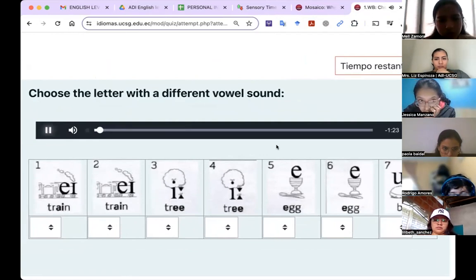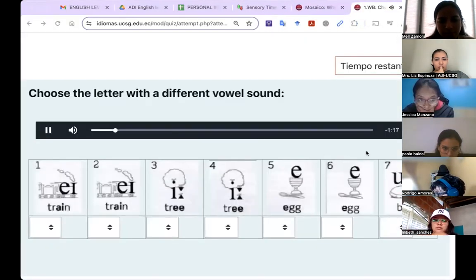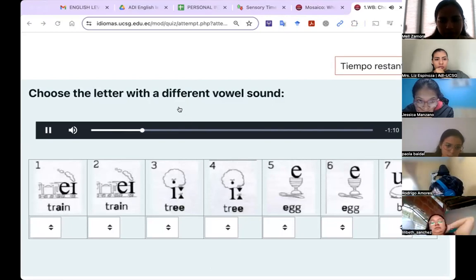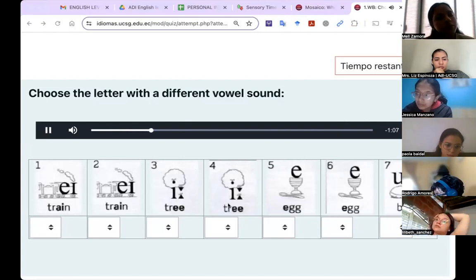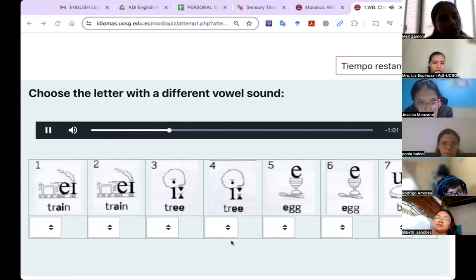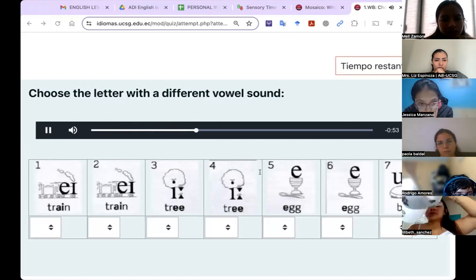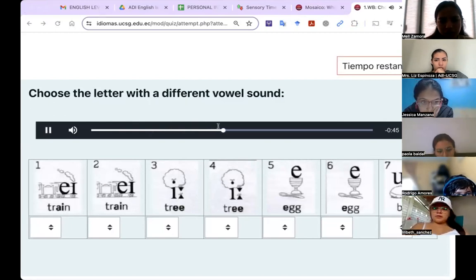File 1A. Pronunciation B. 1. Train. A. K. E. 2. Train. A. H. P. J. 3. Tree. E. G. V. R. 4.